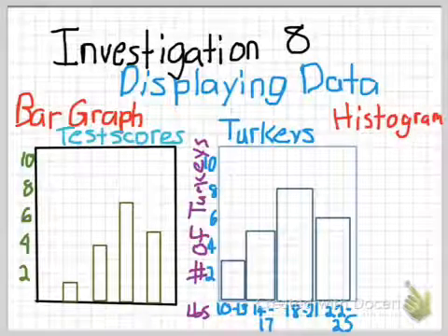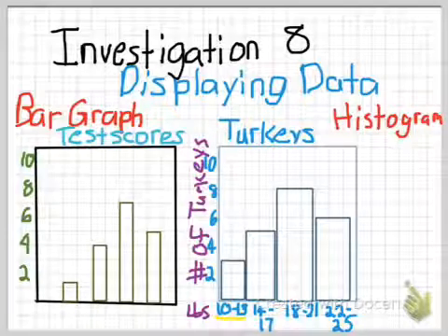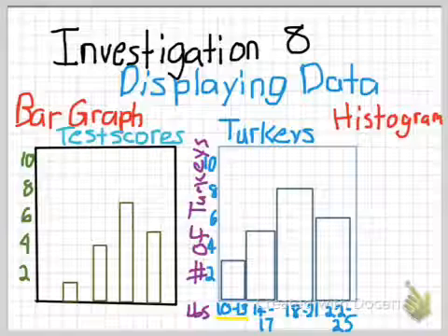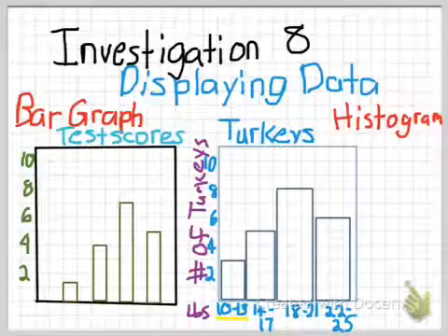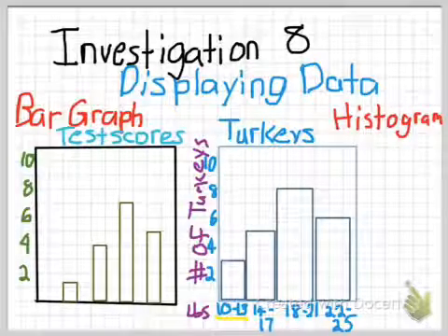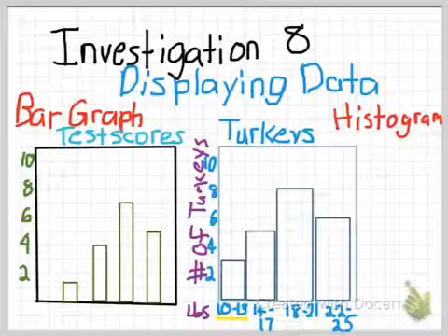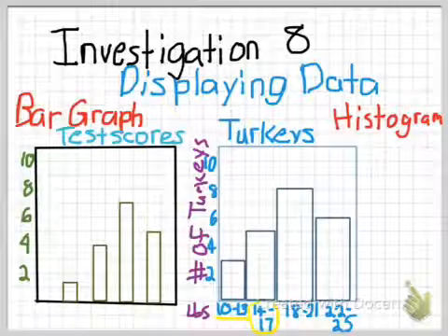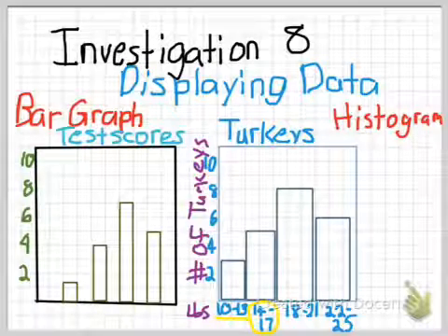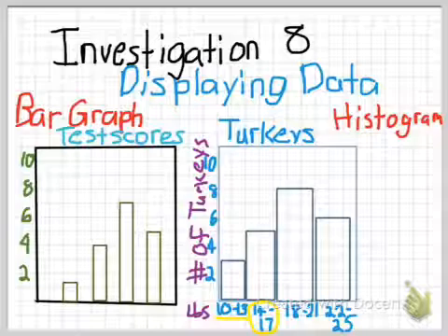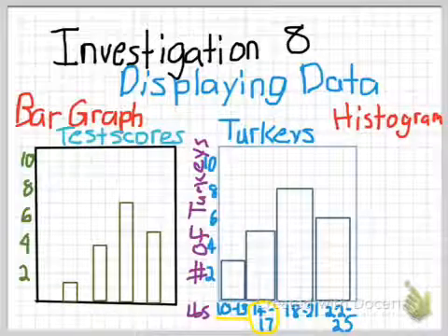So if you can tell here, we have measuring 10 to 13 pound turkeys. There were 3 of them that were between 10 and 13 pounds. There were 5 turkeys that weighed between 14 and 17 pounds. So you can see they're measuring in intervals, whereas the test scores for your bar graph, these are actually the number correct.